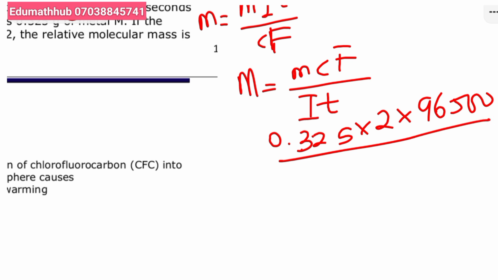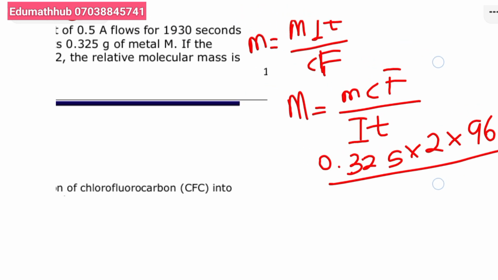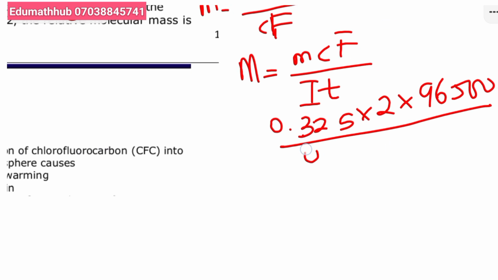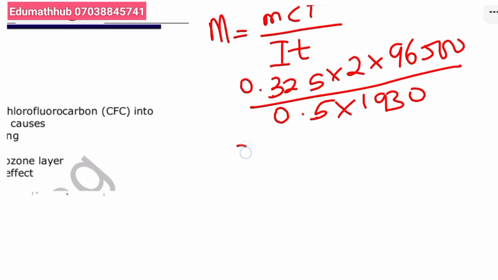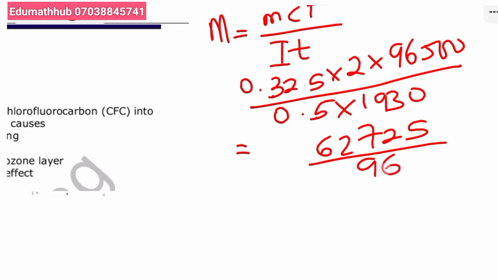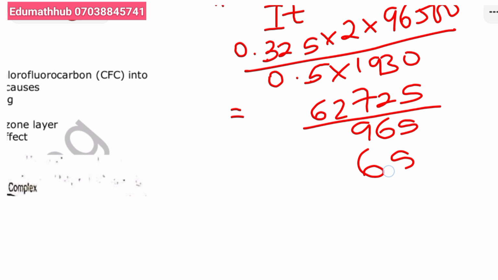Divide everything by the current, 0.5 amperes, and the time, 1930. So 0.5 times 1930. If you multiply everything at the top, you're going to get 62725 divided by 0.5 times 1930, which is 965. So just divide this. That'll give you 65.